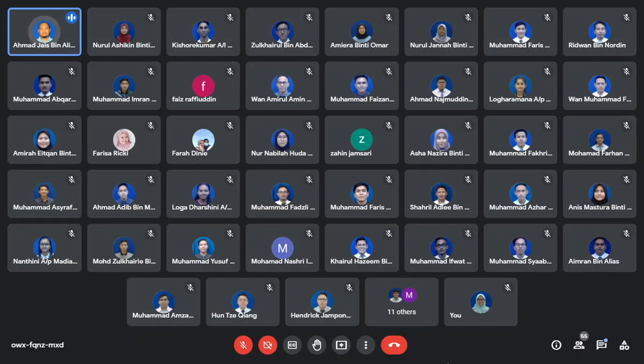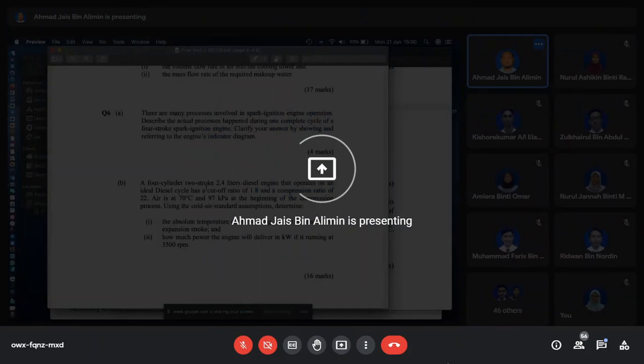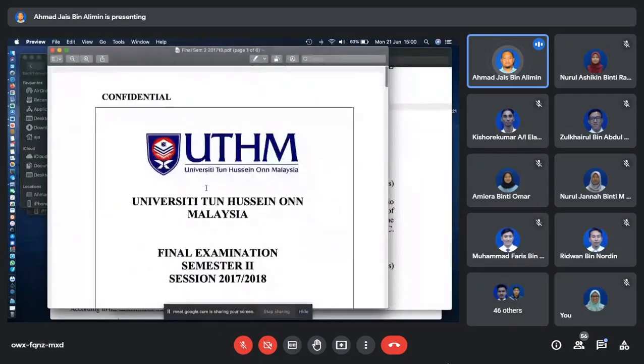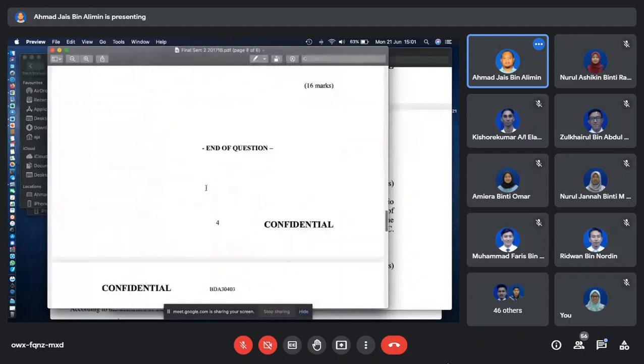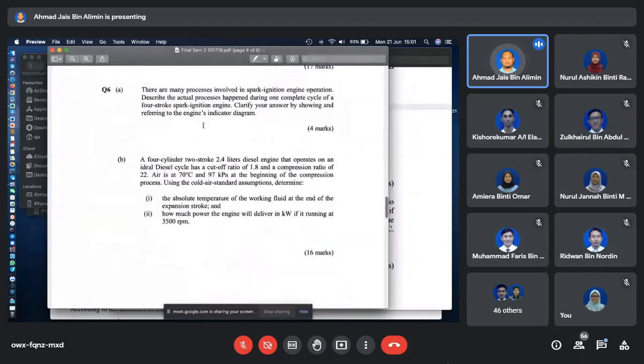Okay, another example of questions. This one in 2017-18. Slightly longer questions. Okay. In here, the question asks you to differentiate the spark ignitions.